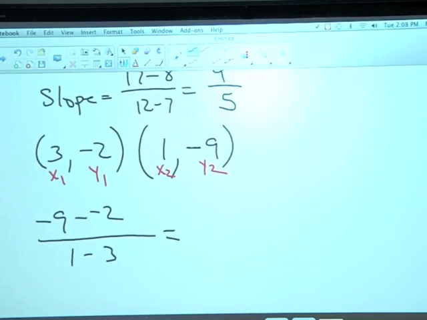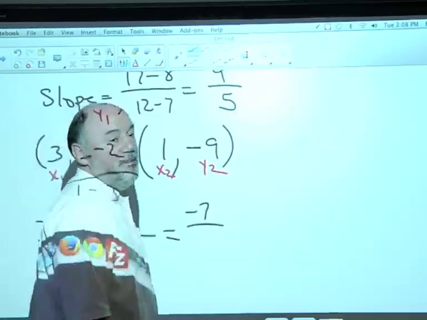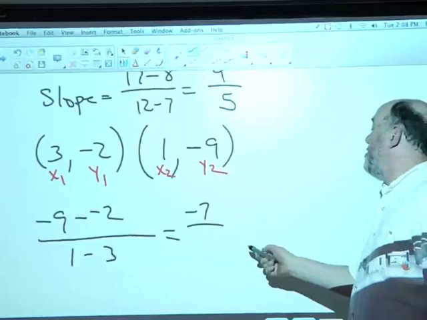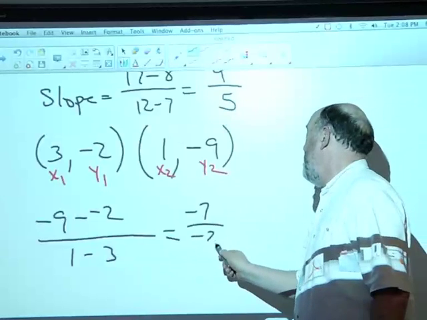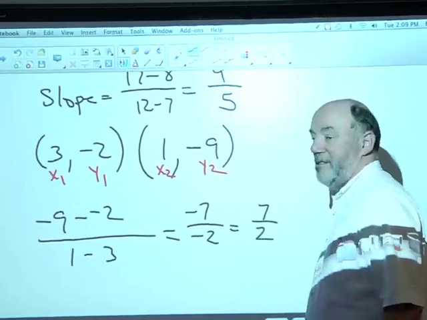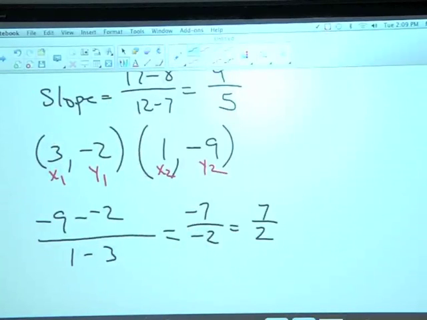So minus 9 minus a minus 2 is negative 7, right? Minus 1 minus 3 is negative 2. And then again, a negative over a negative is a positive. Okay? So you should end up with 7 halves.